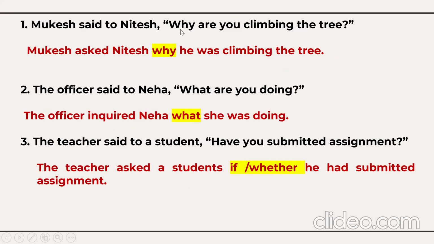See here it started with a WH word, so we copied it the same, but we cannot copy these helping verbs here. So we have to use another word called if to connect. So the teacher said to a student: the teacher asked a student if or whether, you can use any one, if.